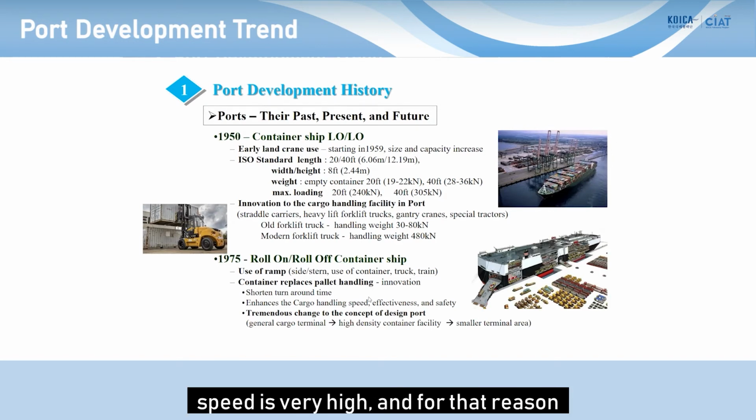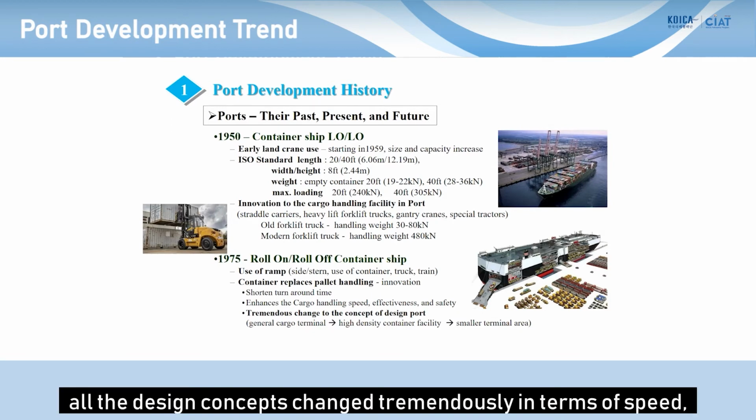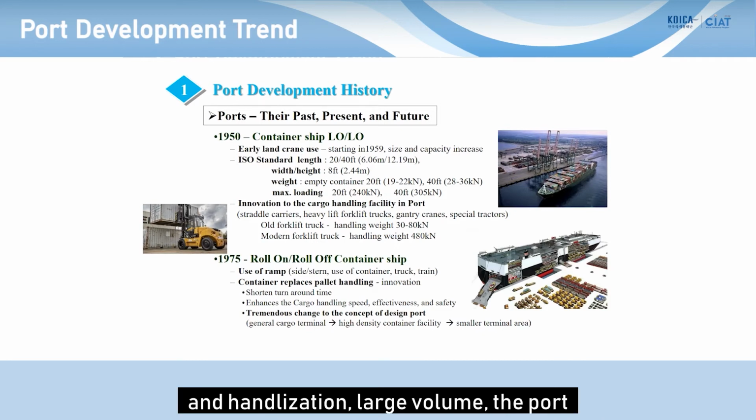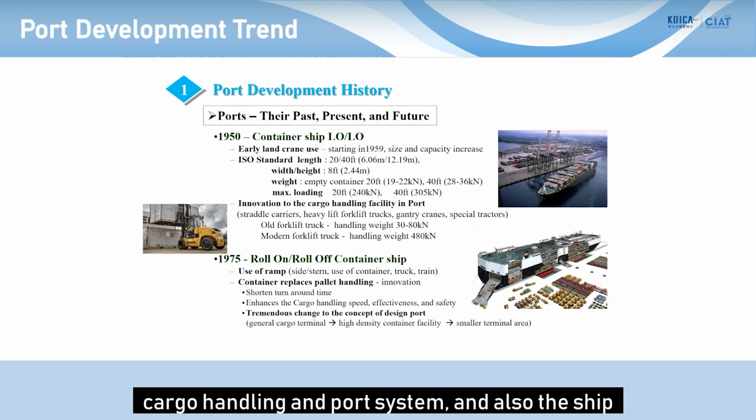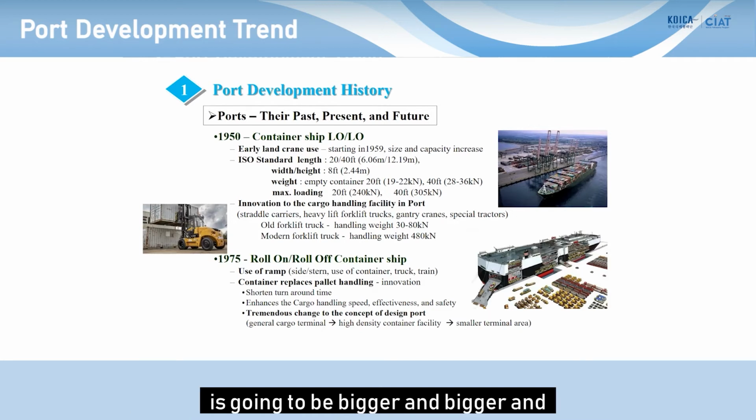By doing that, the speed is very high, and for that reason, port design concept changed tremendously in terms of speed, standardization, and large volume. Later on, port innovation led to the automation of cargo handling and the port system, and also the ships are getting bigger and bigger. Then the deep draft ship appeared.